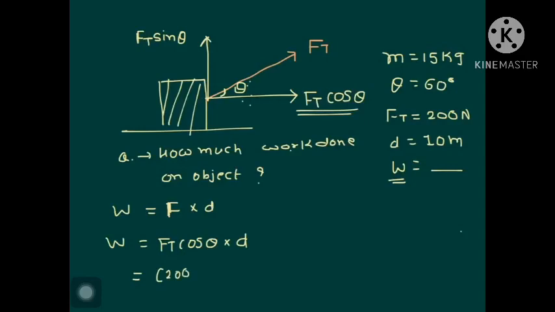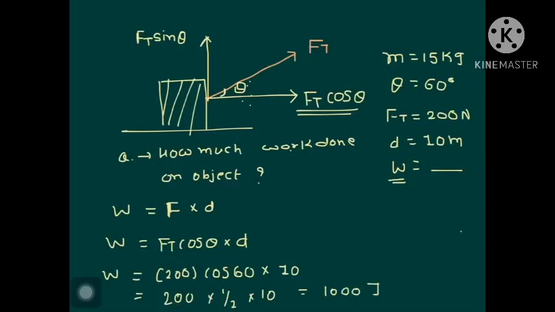The tension force, 200. Cos theta, that is cos 60. What is the value of d? It's 10. Here we just need to consider 200 cos 60, that is 1 by 2, multiplied by 10. This gives us 100 into 10.